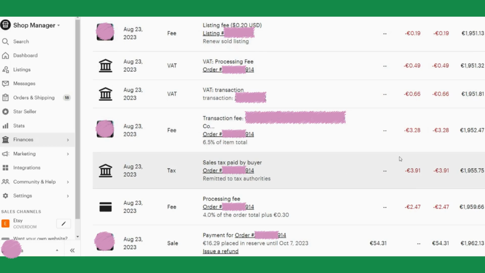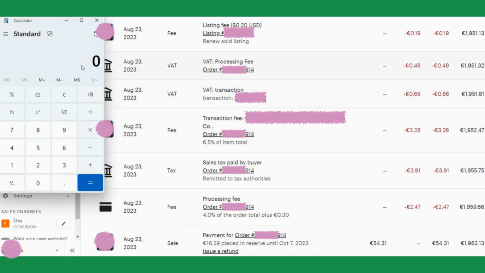And I'm not going to take this sales tax paid by the buyer into account, because this is the amount that Etsy added on top of my listing price. It did not subtract it from my listing price, so I do not need to take it into account when calculating the total amount of the fees. I'm going to open my calculator and calculate the amount of actual fees on this order.